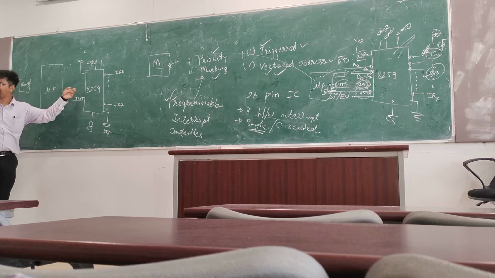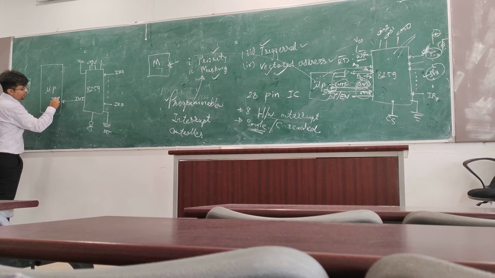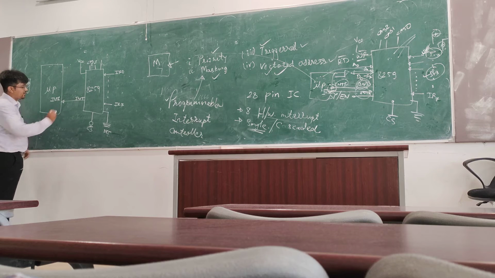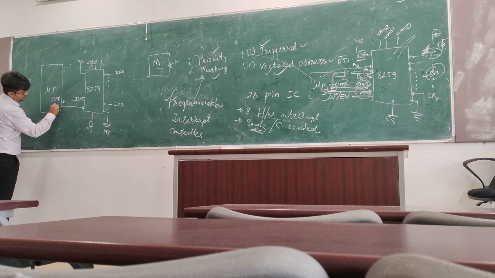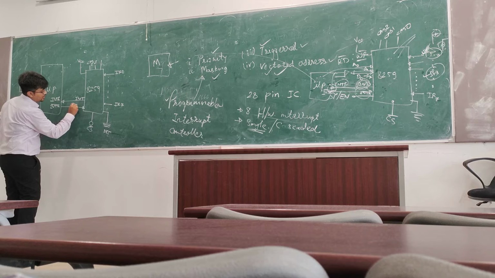On this side, it is INT only. यहाँ पे INTR है. Why? Because it is a request received. Okay, यहाँ पे तो input generated है, यानी उसकी मीन INT ही है.